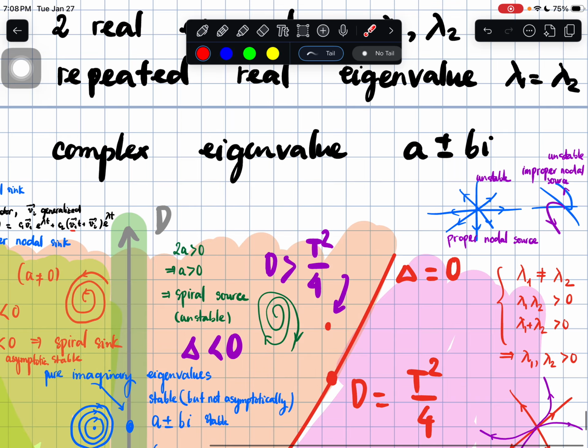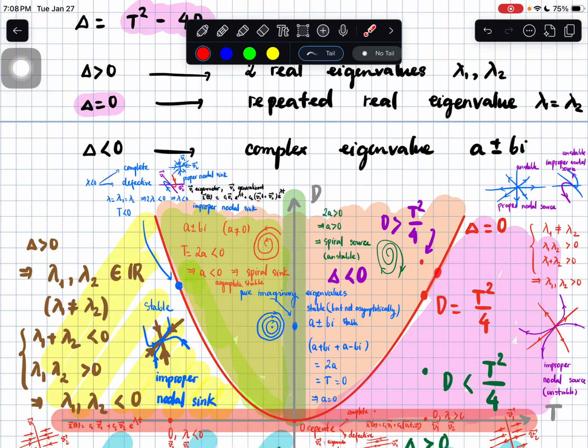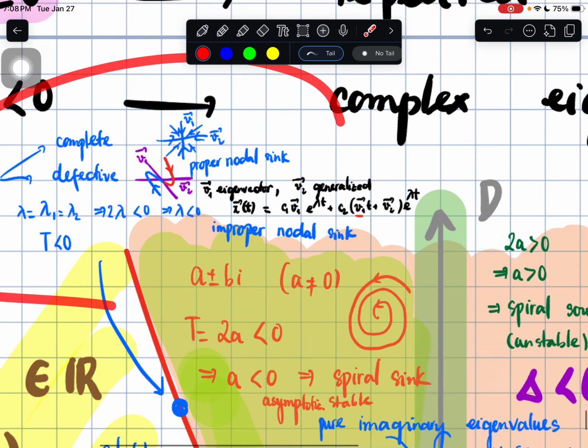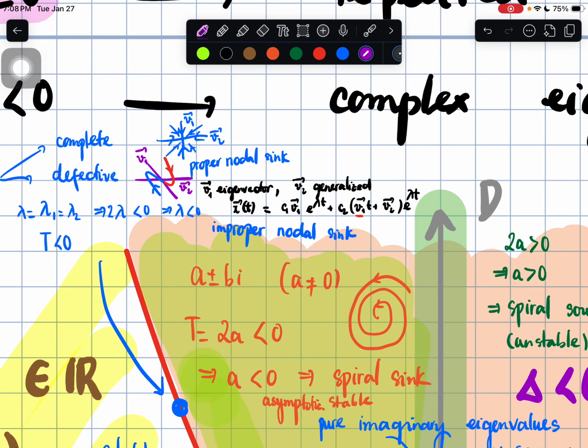Therefore the point lying here, somewhere here. This one is stable, asymptotically stable.